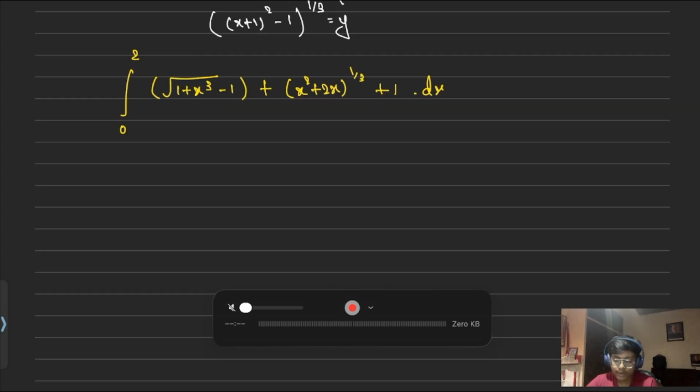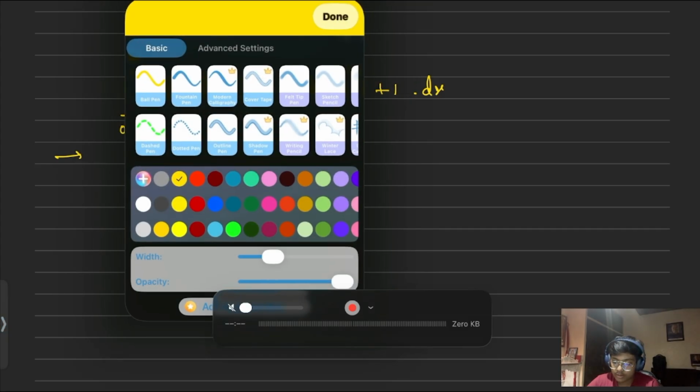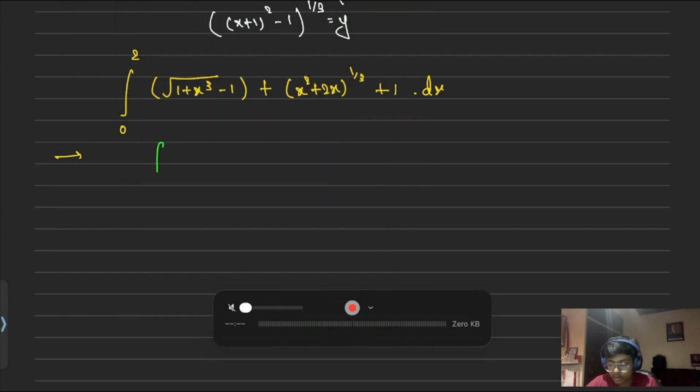So now the main point here is for us to know how we will solve a problem of the form f(x) plus f inverse(x) dx without getting to know any formulas.